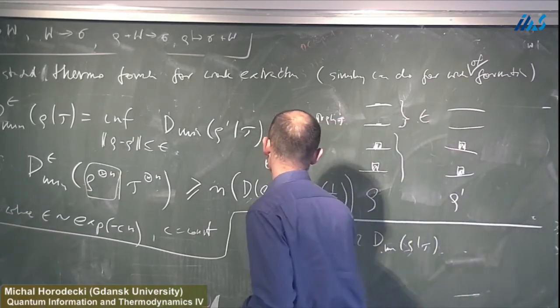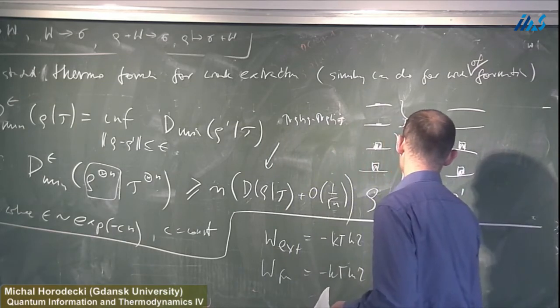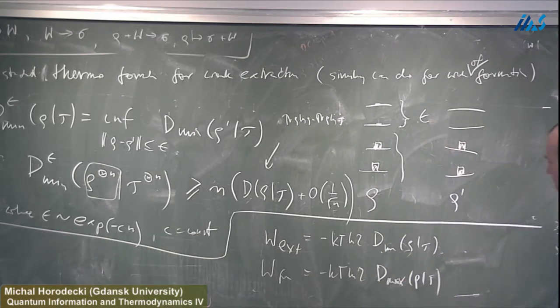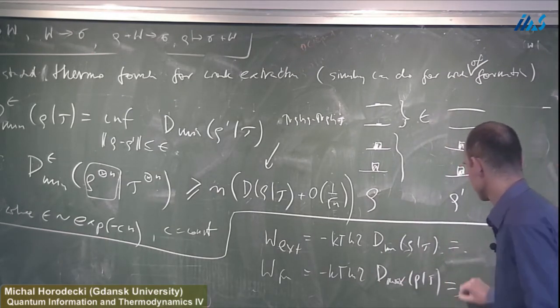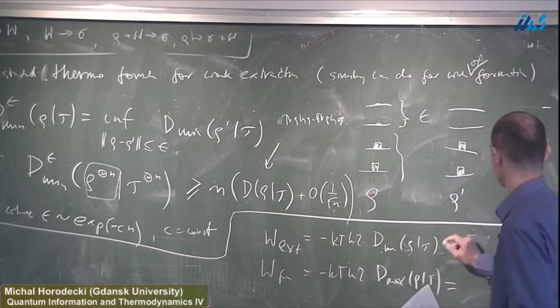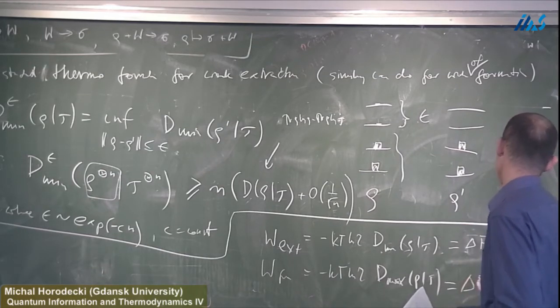Work of formation is minus kT log 2 d max, which I didn't derive here. That was the homework. So we have these two quantities. And then you say, well, I should just introduce some free energies. So it should be some delta F min, and it should be delta F max.